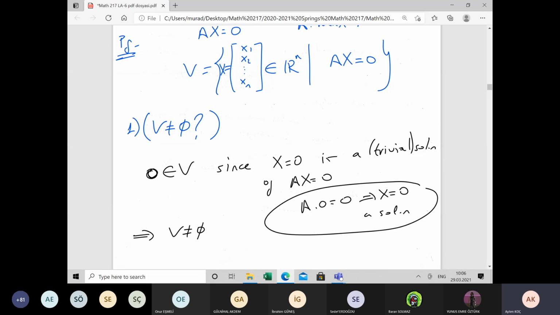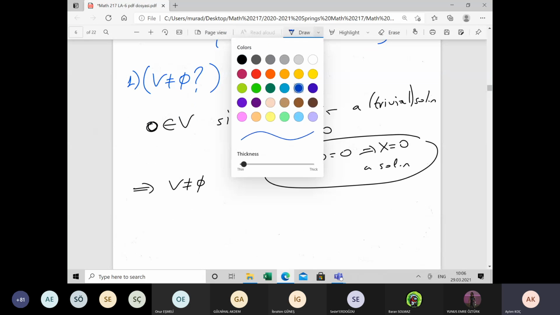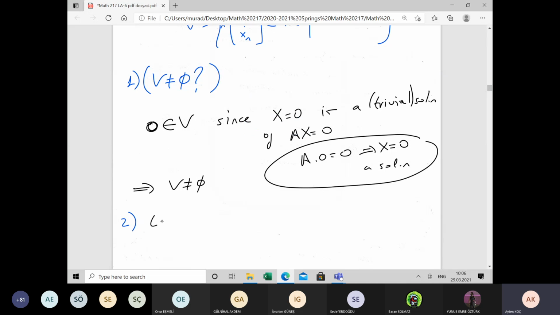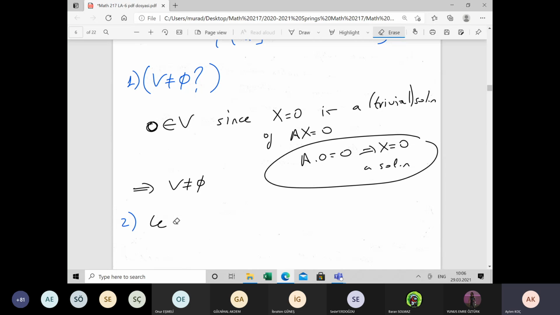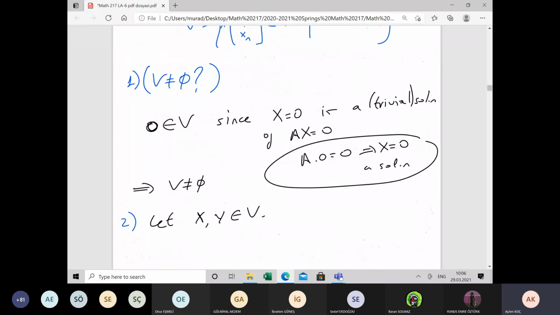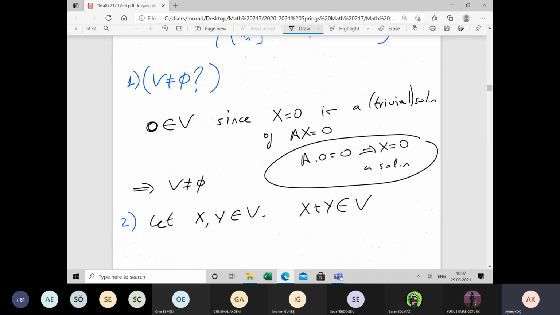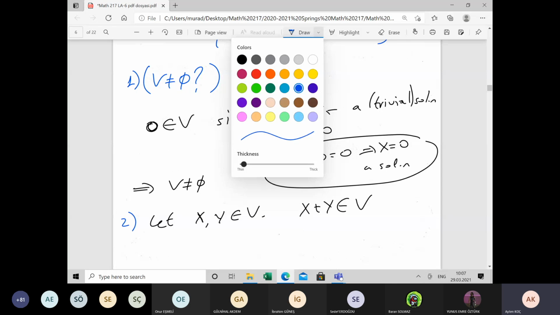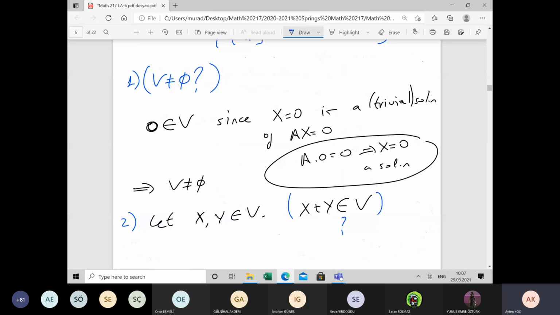The second condition: take two elements in V. Let x and y be in V. V contains all solutions of the system, and our aim is to show that x plus y is in V. What does it mean that x and y are in V?